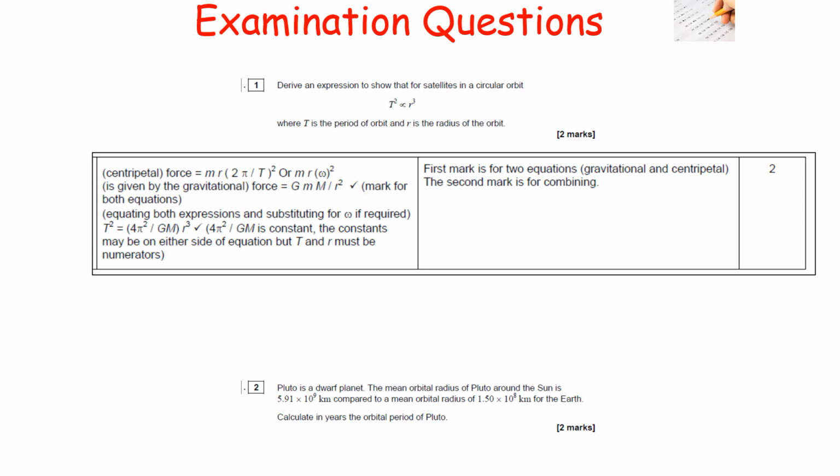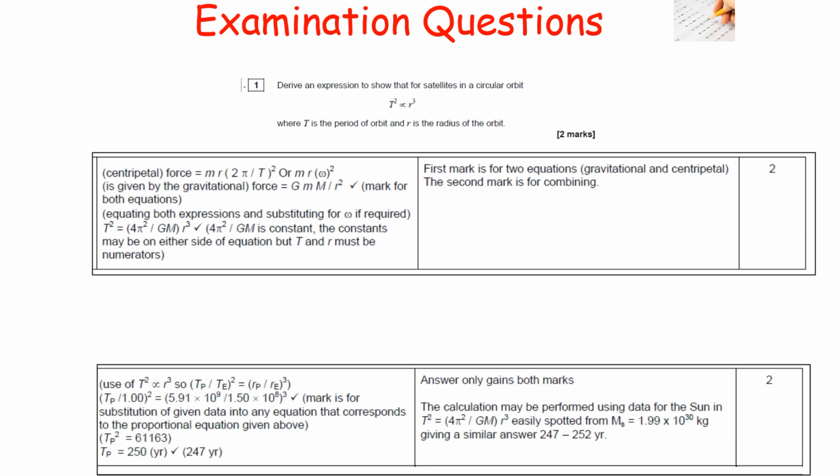We can then rearrange it all and make T squared the subject, and we get that T squared is equal to 4 pi squared over GM times r cubed. Now 4 pi squared is a constant and GM is a constant, so the only two values that can change are T squared and r cubed, so they must be directly proportional to each other.